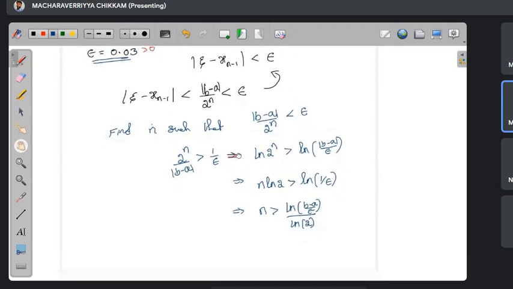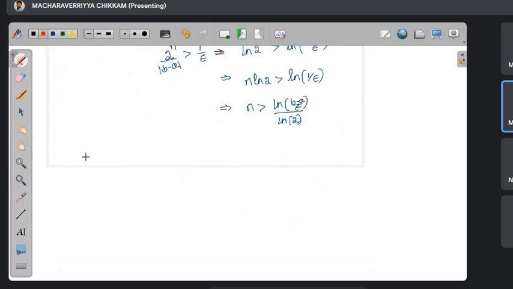Let's see with an example. Suppose our initial interval, that is a comma b, is given, let's assume 3 comma 5. Now they are asking us to find xi, a root of f of x which lies in the interval 3 comma 5.